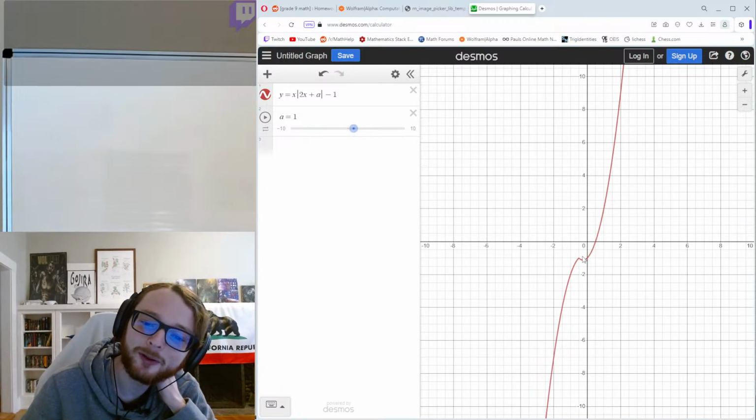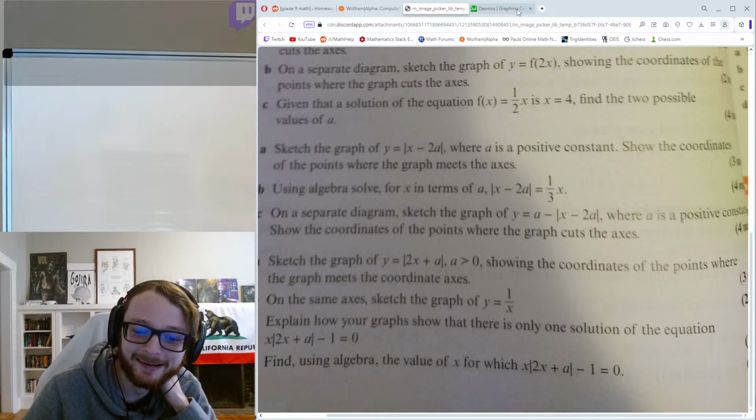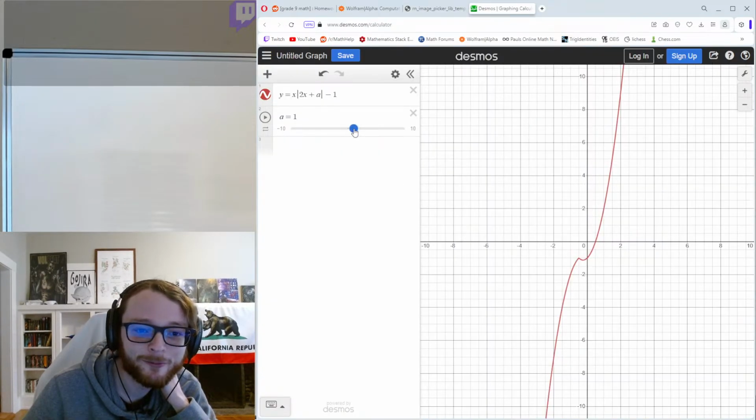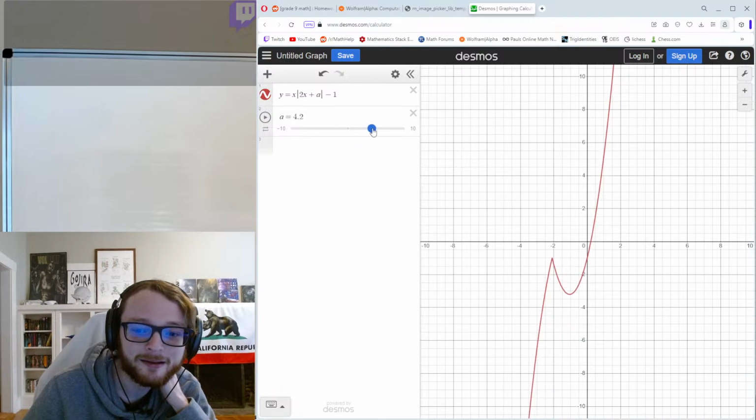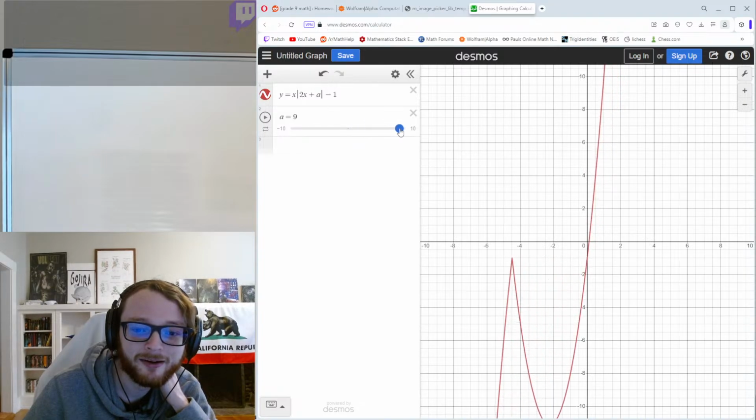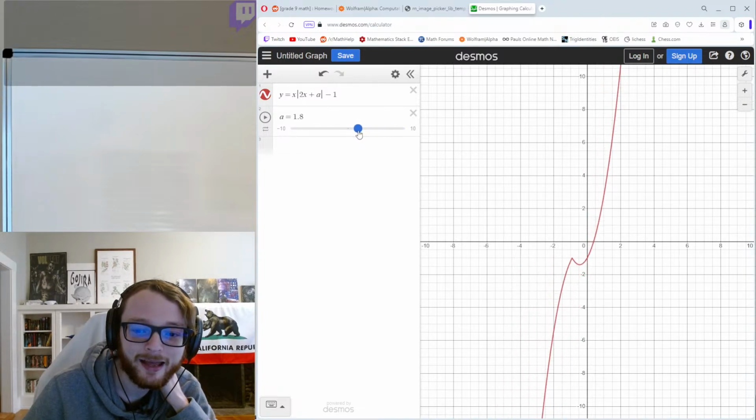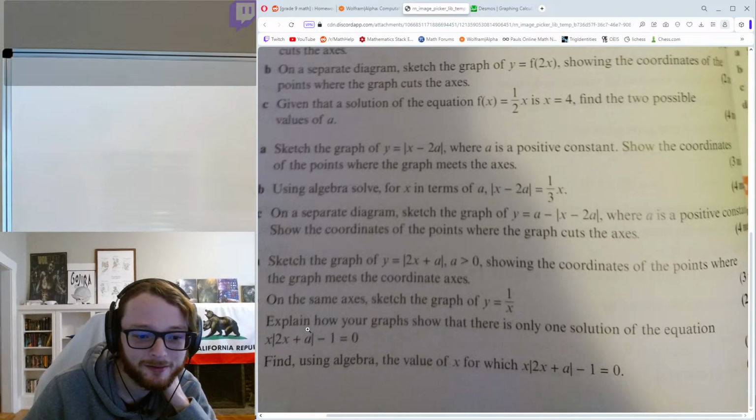It is like a parabola, but part of it is reflected. That's kind of crazy. But when we vary a, a scales it like that, I guess. Wait. Are we given a is greater than 0? They said a is greater than 0.